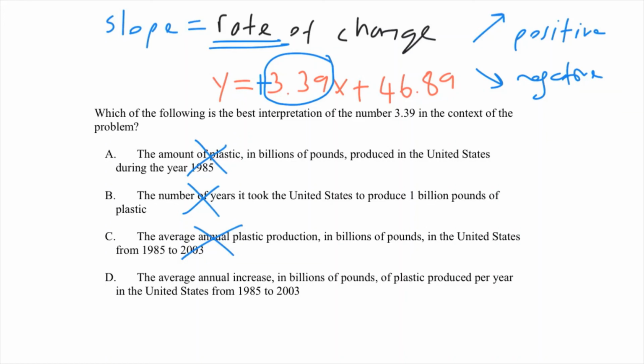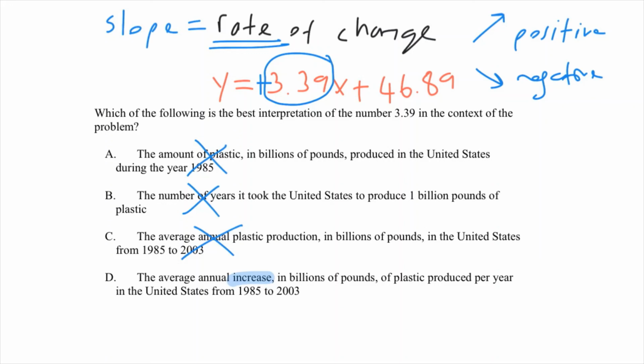Let's check what it says. The average annual increase. My keyword here is increase. The average annual increase in billions of pounds of plastic produced per year in the United States. From 1985 to 2003, it's a positive slope. It's an increase, so every year there is an increase.